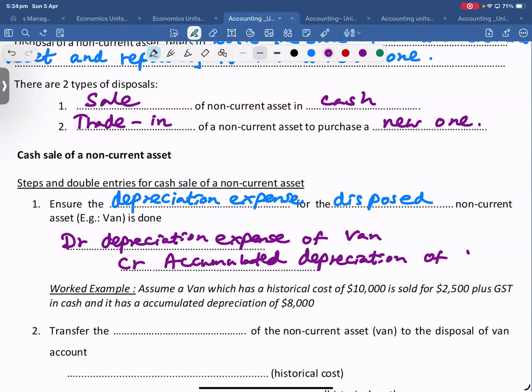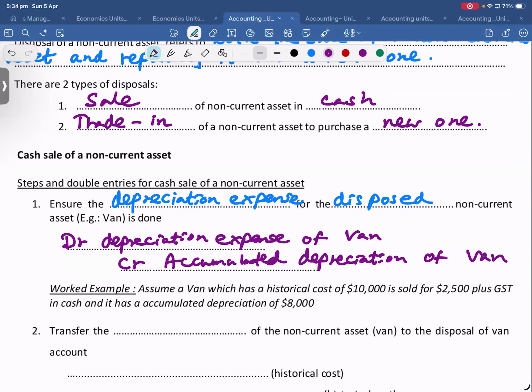Why do we debit the depreciation expense? Expense increases. Why do you credit it? Negative asset. Negative asset increases.